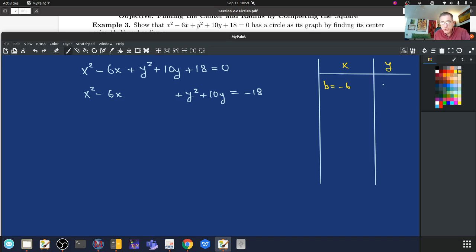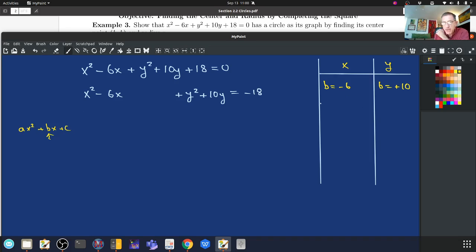B is just the coefficient, as in ax squared plus bx plus c. Sorry about that, getting ahead of myself.